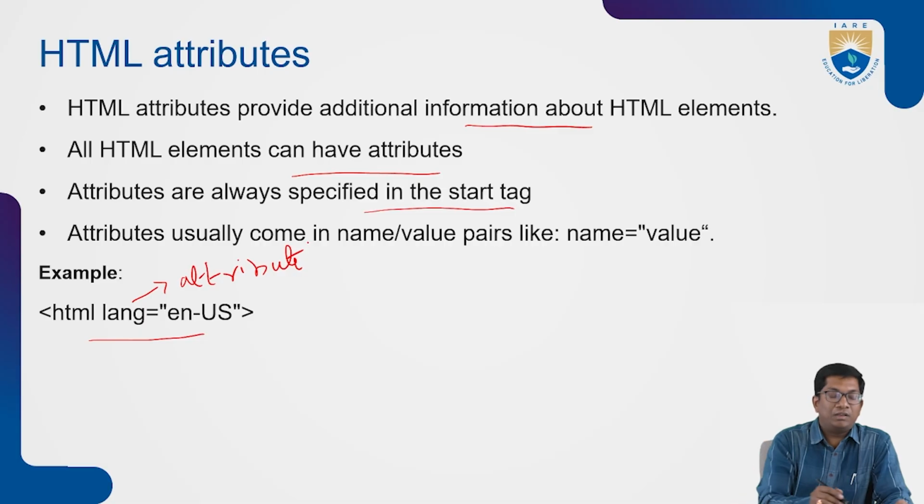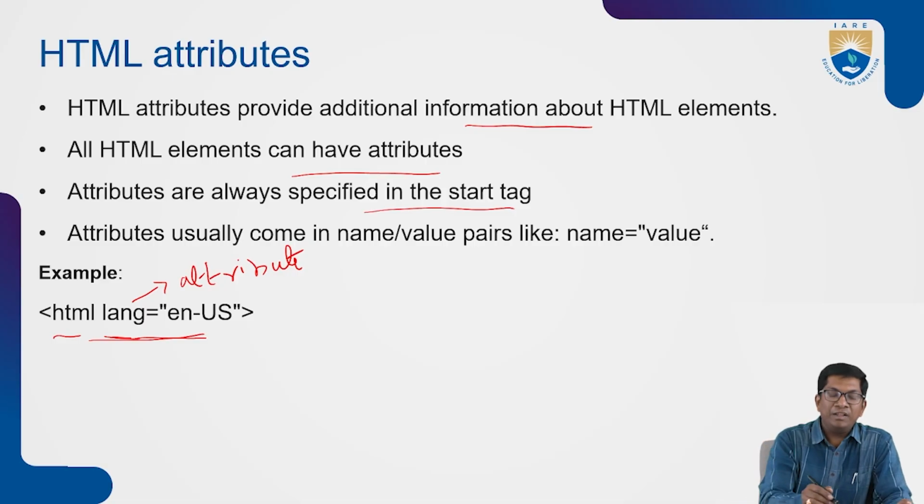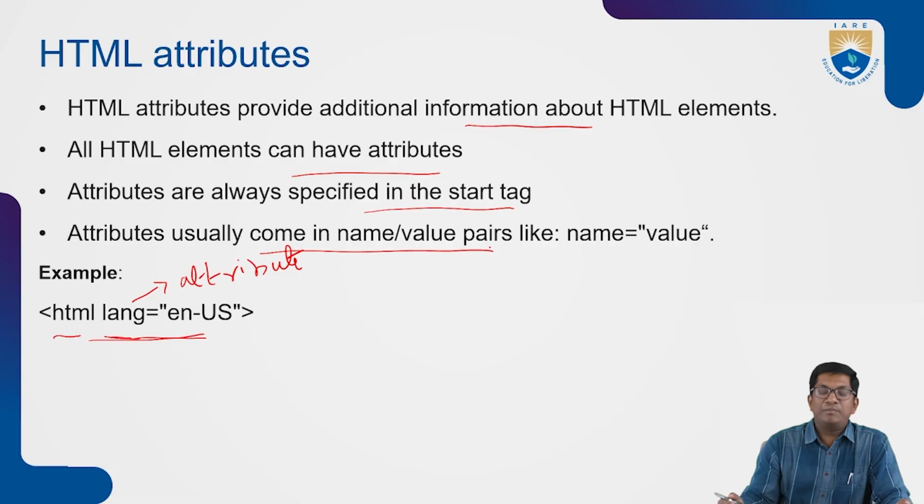Here the tag is html, which is the root element, and its attribute is lang, meaning language. We are assigning the value en-us. That means we are telling the document it is written in English US. Attributes usually come in name-value pairs, like name equal to value.